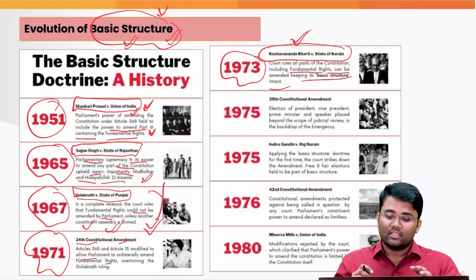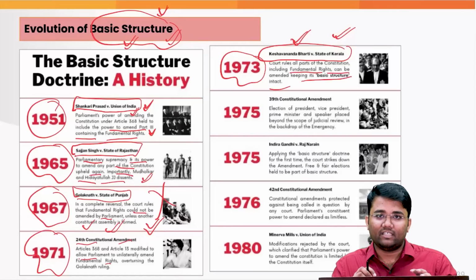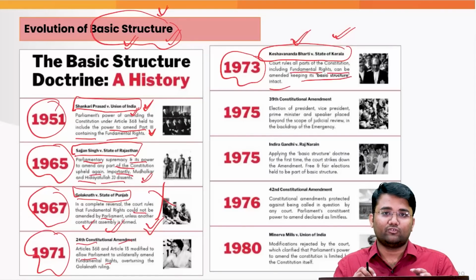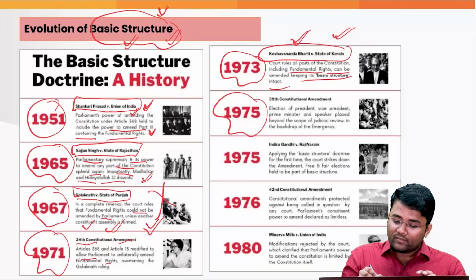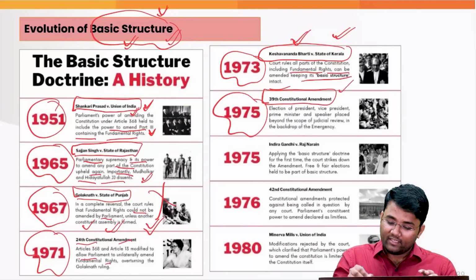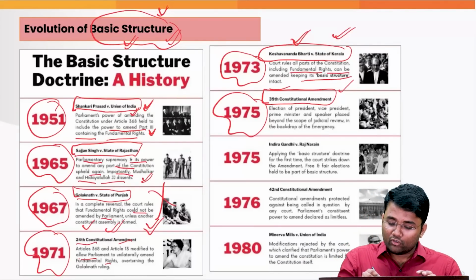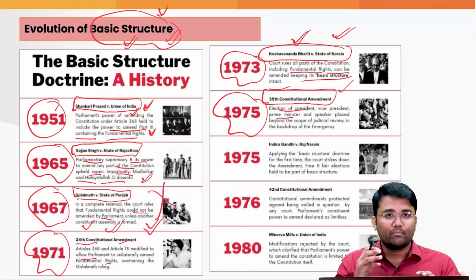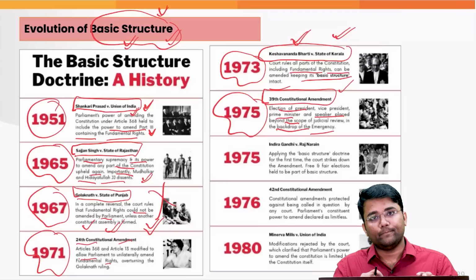Now you tell me, when this judgment came in 1973, who was the Chief Justice of India? And then in 1975, the 39th Constitutional Amendment Act came to modify the judgment given in the Kesavananda Bharati case. The election of the President, Vice President, Prime Minister and Speaker was placed beyond the scope of judicial review, in the backdrop of the emergency.